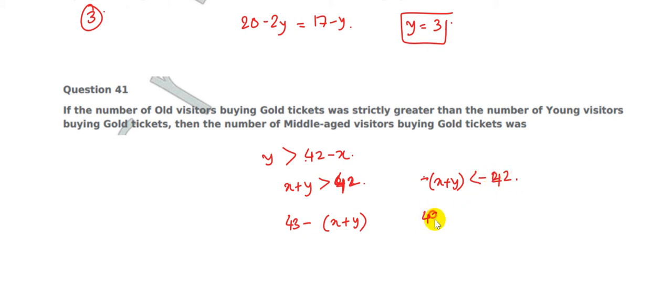So 43 minus of x plus y is less than 43 minus 42, which is equal to 1, less than 1. So that means the number of middle-aged visitors buying gold tickets has to be 0, because it has to be an integer. Okay.